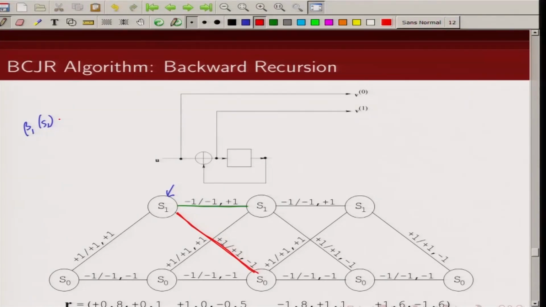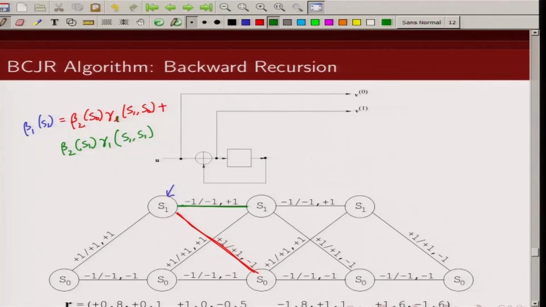So, what is the contribution from this transition? This can be written as beta 2 S0 times gamma 1 S1 S0, plus the contribution from this, which will be beta 2 S1 times gamma 1 of S1 S1.